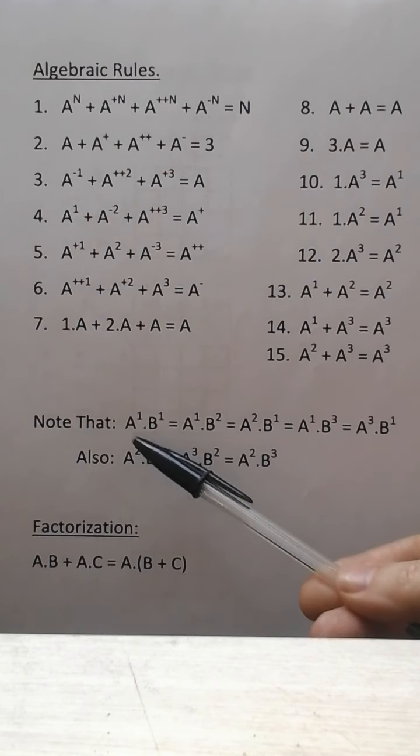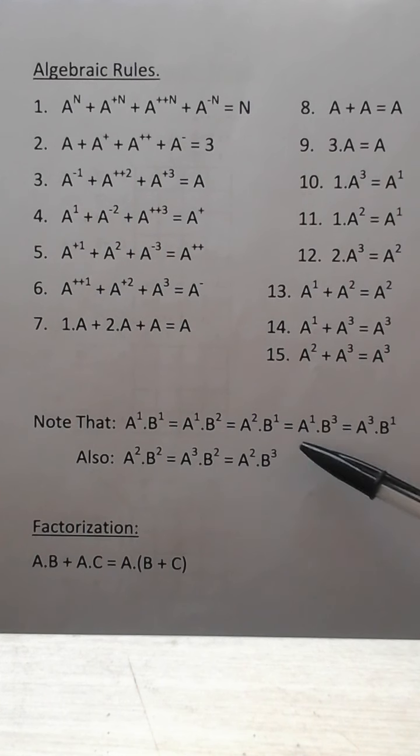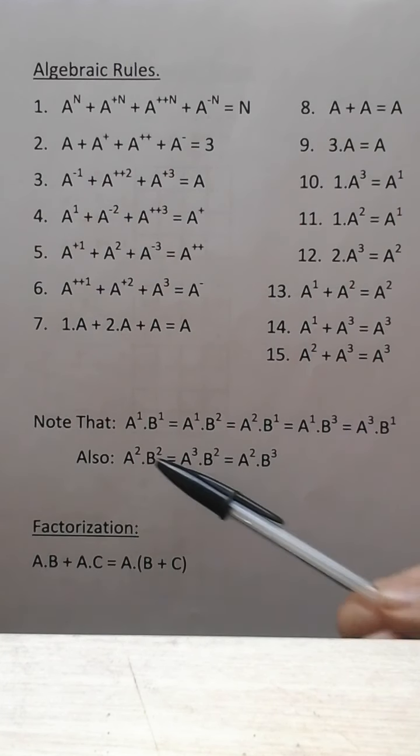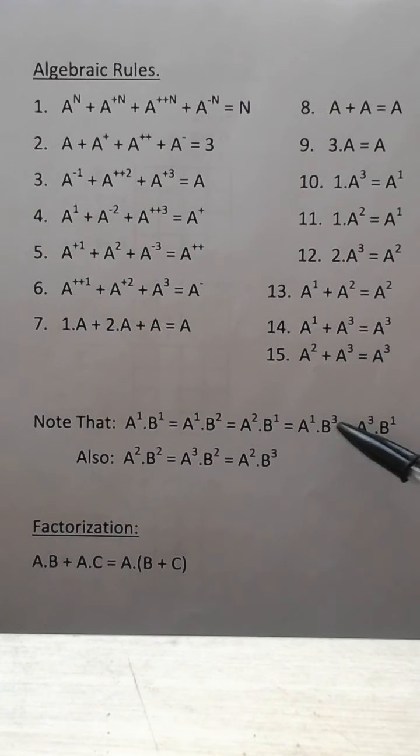Note that A1 min B1 equals A1 min B2 equals A2 min B1 equals A1 min B3 equals A3 min B1. Sorry, these are the minimum functions, not max. This is because the minimum value of 1 and 2 is 1 here, and similarly the minimum value of 1 and 3 is 1.